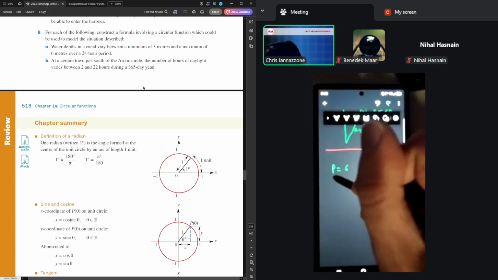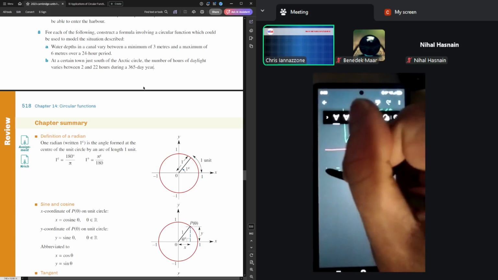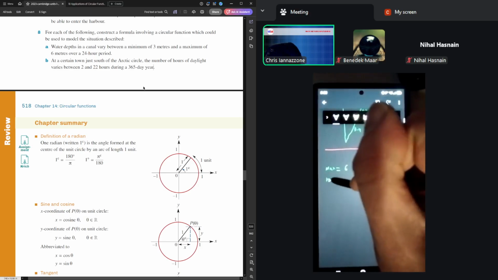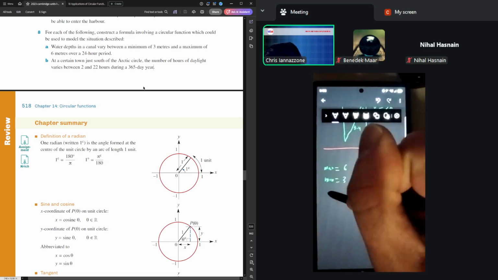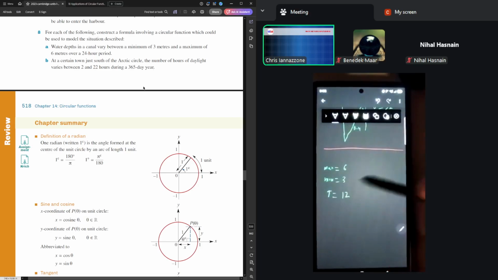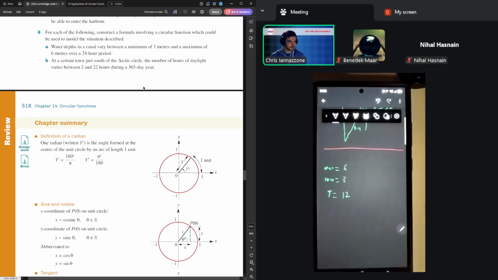Maybe go max and min instead. Max of 6, min of 3, period of 12. And again, we're choosing 12 just because the other questions would have 2 cycles within a 24-hour period. It's probably just as fine to choose one, choose 24 instead. Alright, how are we going to tackle it from here?